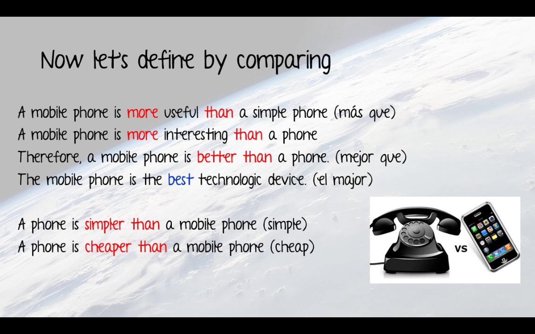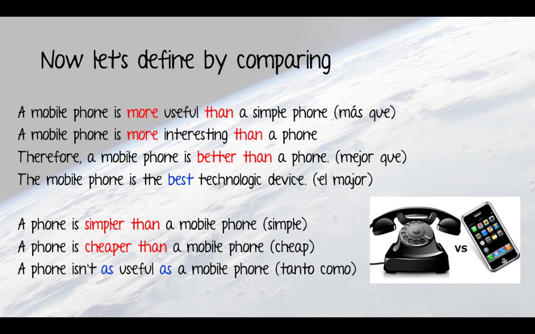Y simpler del adjetivo simple. ¿Ya? Claro, simple es simple, ¿cierto? Simpler es más simple. Cheap es barato. Y cheaper es más barato. ¿Ya? Y en este caso es más barato que y es más simple que.